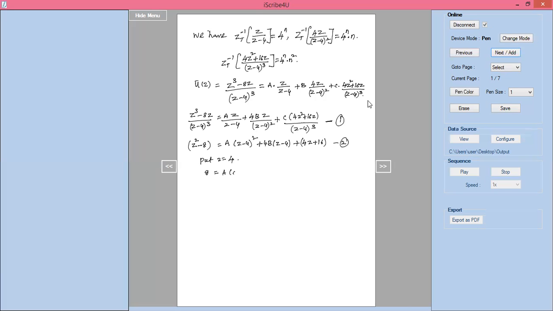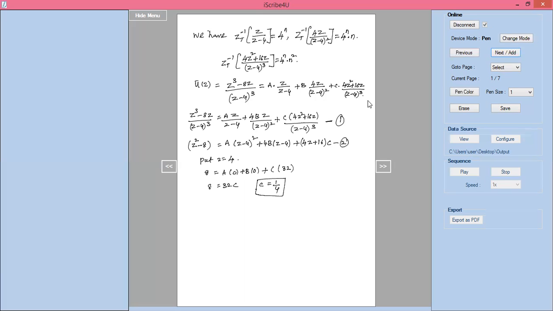So a into 0, b into 0, plus c into, I left out the c term, c into 4 into 4, 16, 16 plus 16 should be 32. So you will get 8 equal to 32c, c equal to 1 by 4. This is the value of c.